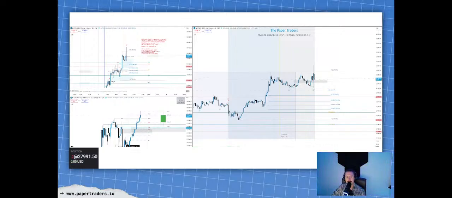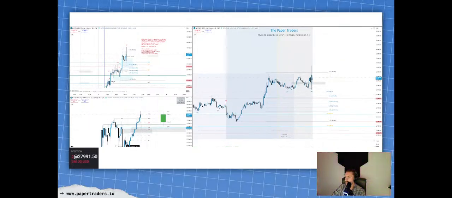Let's see if they want to give us a little juice into the 50% of this wick, the wick of this 1 minute candle is what I'm talking about. 27,981.75. Looks like they don't want to retrace it yet.